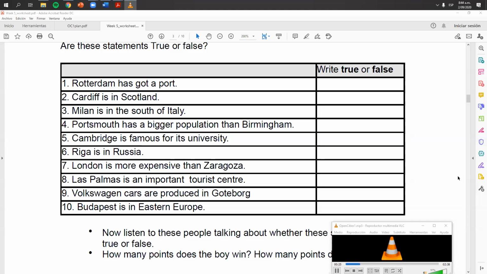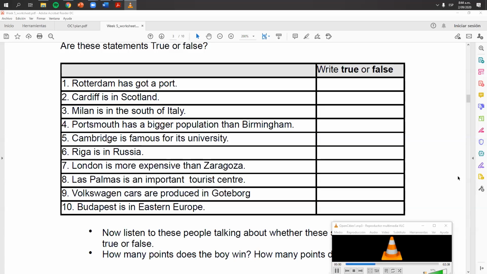Is Cardiff in Scotland? Yes, I think it is. Me too. No. Cardiff is the capital of Wales. Okay. Is Milan in the south of Italy? No, I think it's in the north. Me too. Correct. Now, this is a bit more difficult.